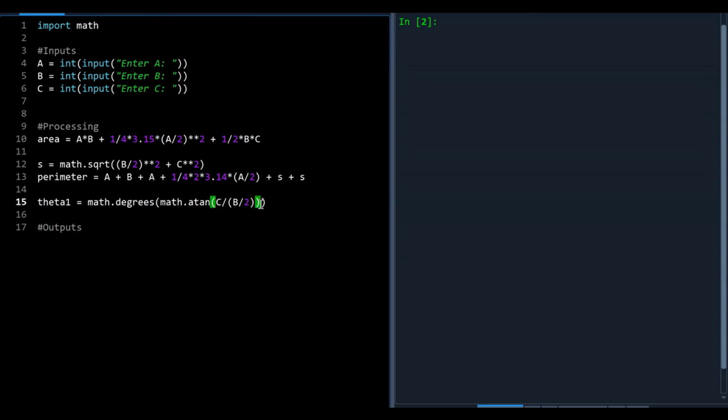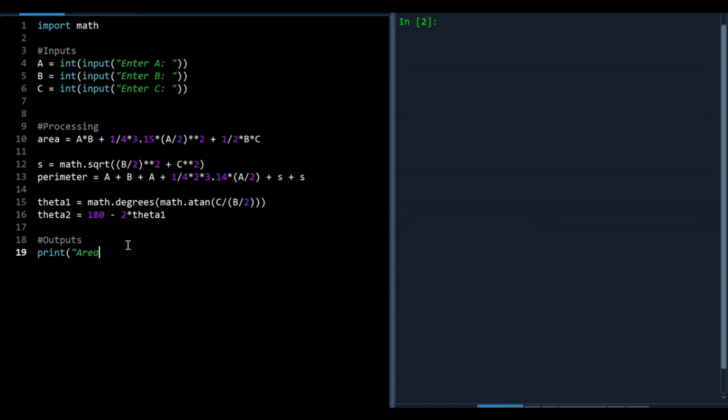There we go, so my number of brackets is correct. And then finally, theta 2 is going to be, let's say, 180 minus 2 times theta 1. Okay, and then I can finally just print everything to the screen.